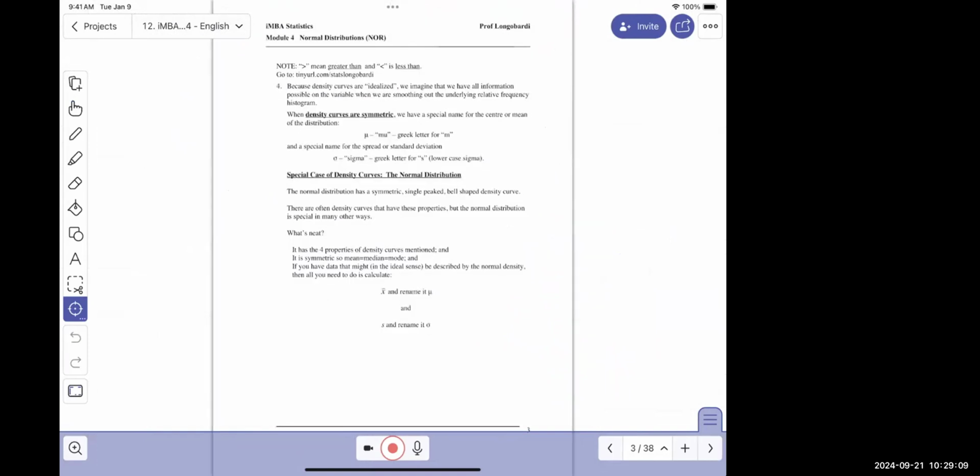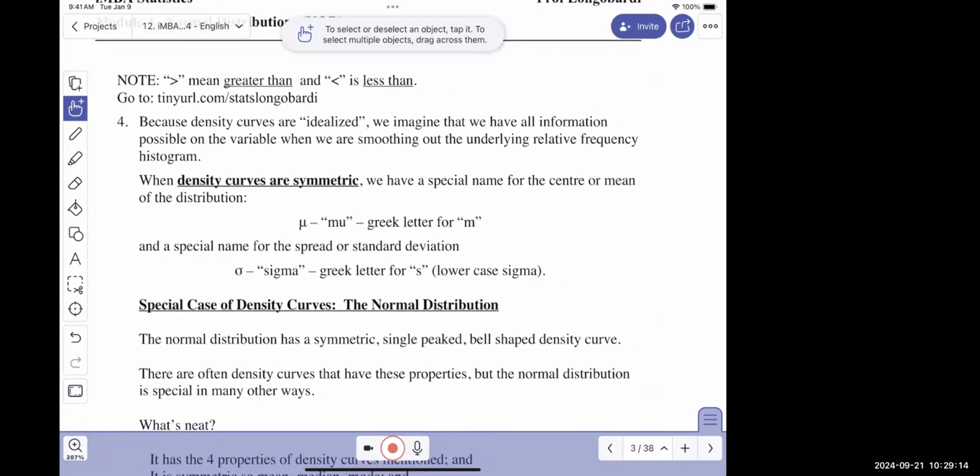And number 4, because density curves are idealized, in other words, we imagine that we have all information possible on the variable when we are smoothing out the underlying relative frequency histogram.